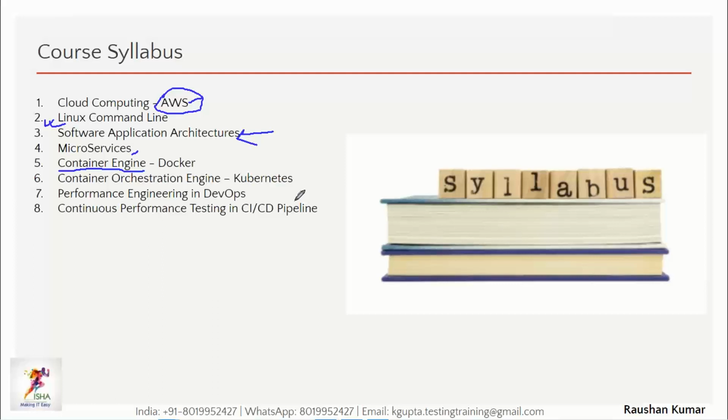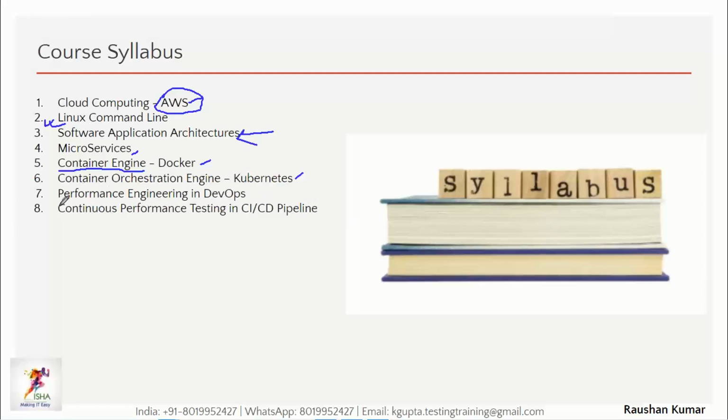Once we create the containers, we can host the microservices. On the orchestration part, we're going to talk about Kubernetes. Every topic is covered from scratch, as I assume my audience doesn't have any clue about these things.